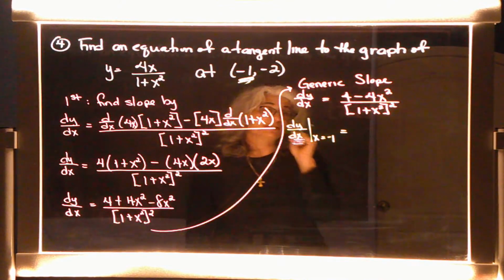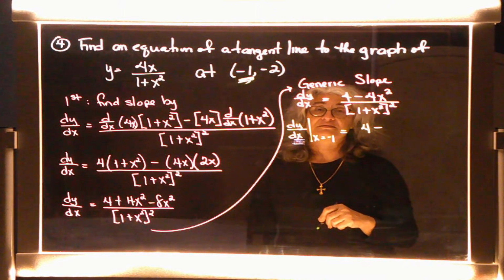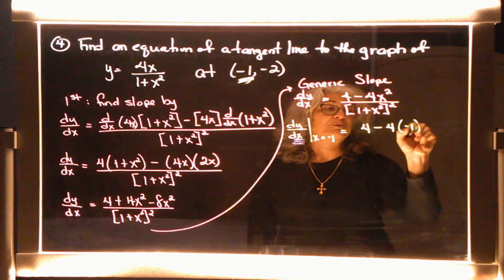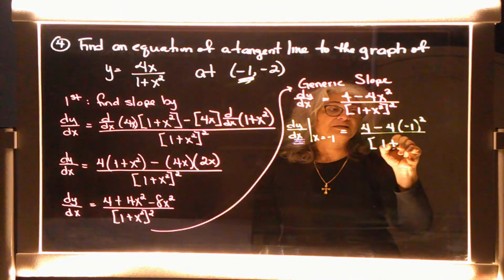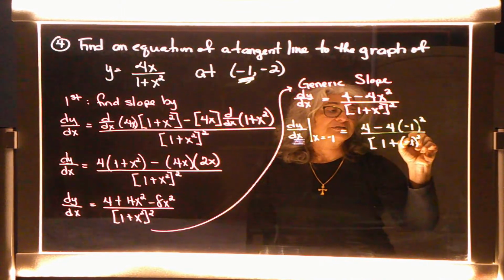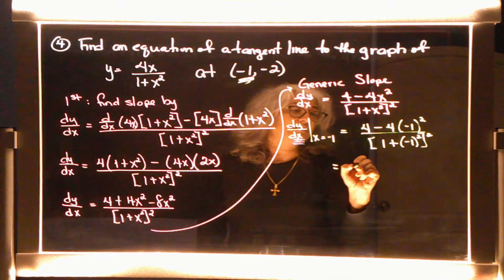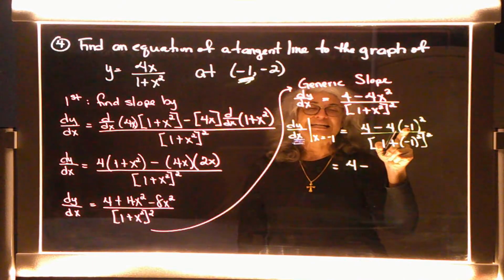All right, so let's see what happens. 4 minus 4 times -1 squared. 1 plus -1 squared, the whole denominator squared. So what do we get? 4 minus, yeah, -1 squared is still a positive 1.